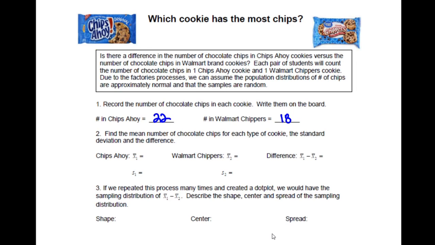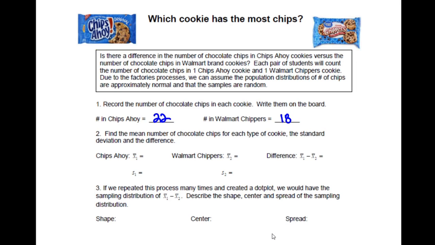Then with number 2, find the mean number of chocolate chips for each. So we need to collect the class data. So again, at school, we'll compile it all together and create our own mean and standard deviations and our own difference. But if we're not at school, let's just go ahead and use some of the data I've had in my previous classes.